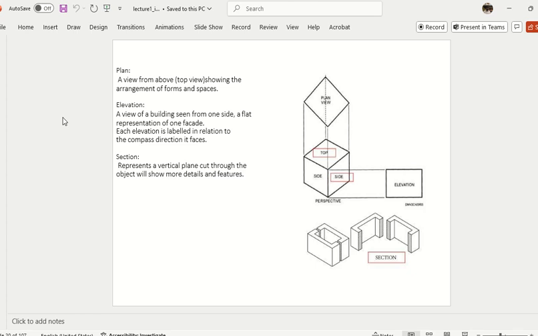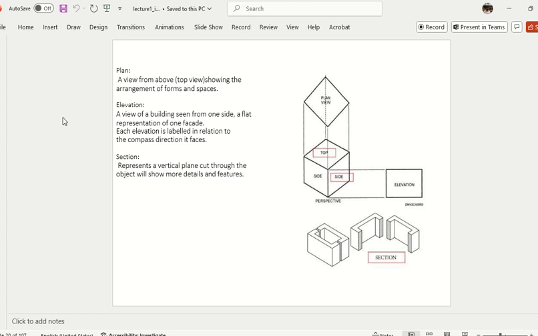If you want to look at the height of something, you have to look at it from the side or the front. The front is also a side. So elevation is from the front.